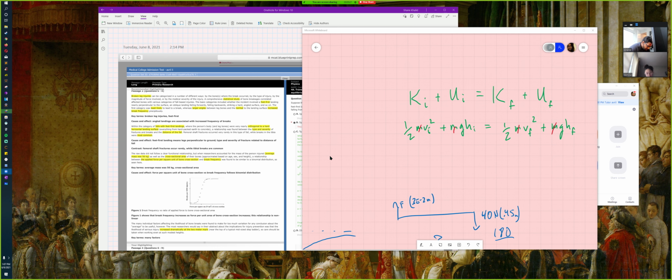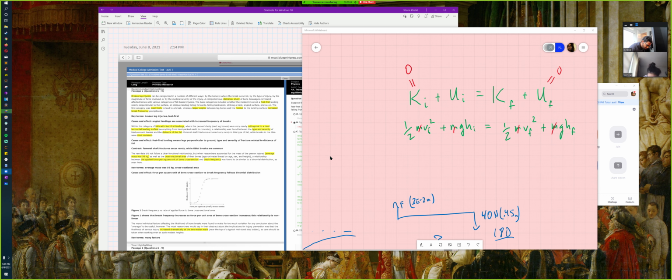So let's say it's something that is totally potential energy at first and then gets completely converted into kinetic energy. So let's say that the initial kinetic energy is 0, and so all of the initial energy is in the potential energy, and since it gets completely converted into kinetic, the final potential energy will be 0.